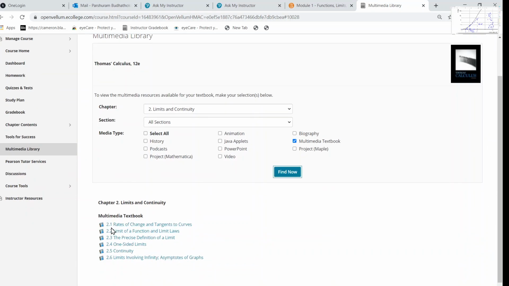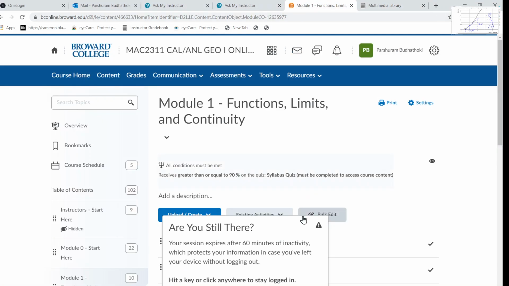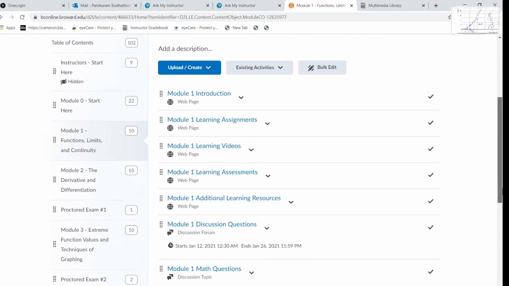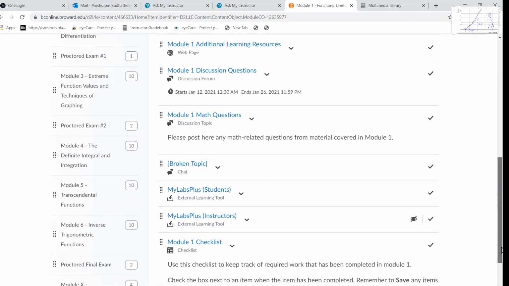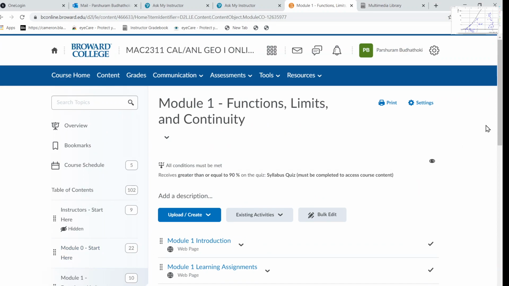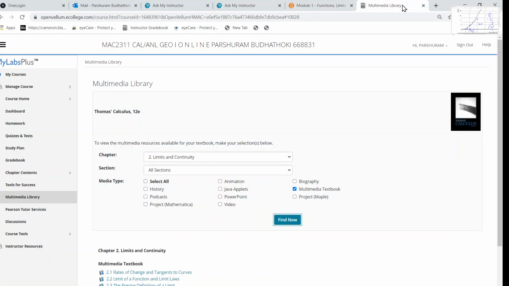Like section 2.1, it's the rates of change and tangents to curves, which is module 1.1. The textbook we are using for this course is not available in MyLab Plus, since it's an open resource. So to make the homework, I use the book which is available in MyLab Plus.